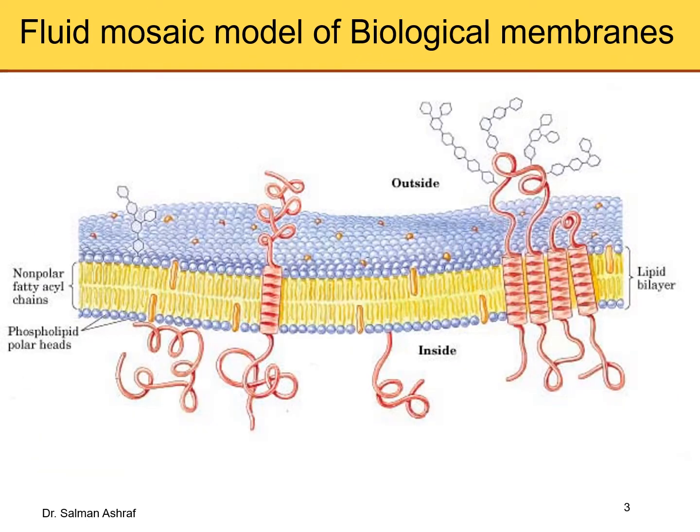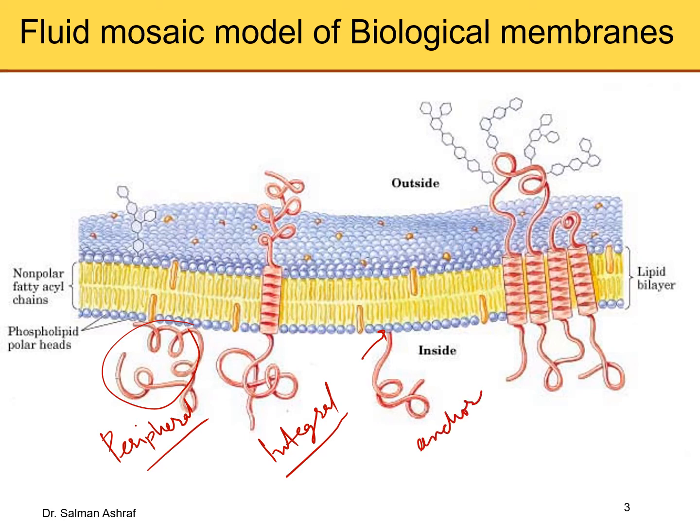Again, this would be a peripheral protein, and these would be the integral proteins shown here. Then you find that some proteins are anchored to the membranes. We call them anchored proteins, and we'll talk about them today.